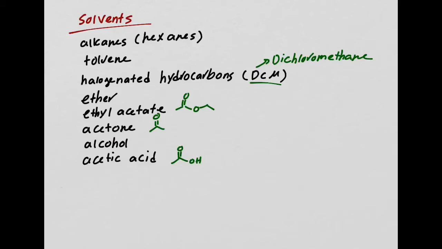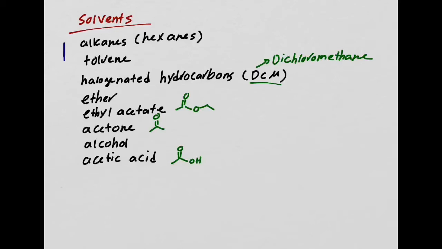Now, I want you to pay attention to this beautiful list that I put down. You probably don't think it's beautiful, but you might in a second. If you look at this list, do you see a pattern? What did I do here? On top is alkanes and hexanes. Bottom, acetic acid.